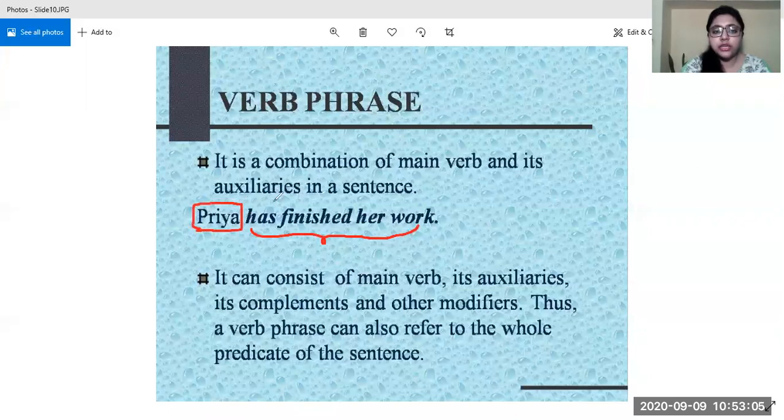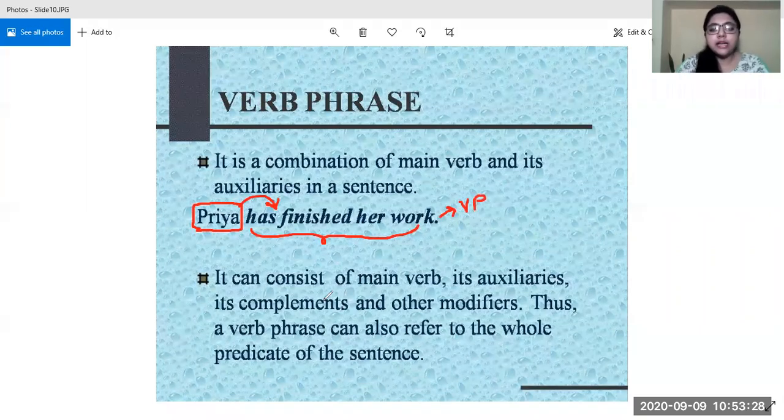It is showing that the subject has done some work. So this whole phrase is telling us the work performed by the subject, so that is why it is acting as a verb phrase. Whatever function the verb has, the same function the verb phrase has as well.